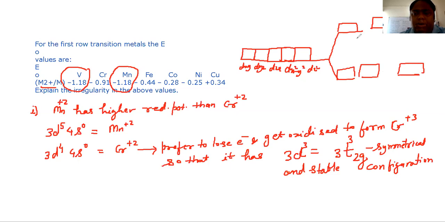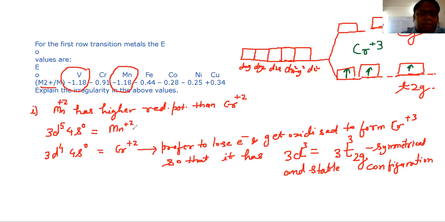The upper set is called Eg and the lower is called T2g in tetrahedral molecules. It can reverse also in some cases. So if it has 3 electrons, it will be stable. So it will prefer to lose an electron.